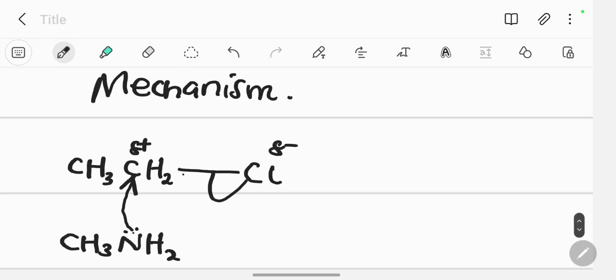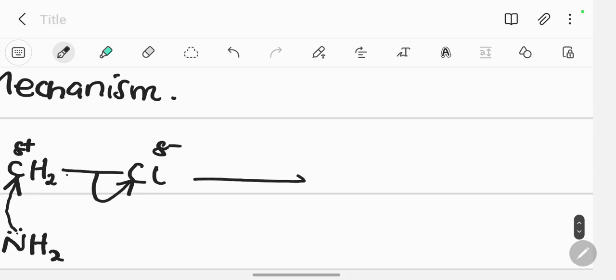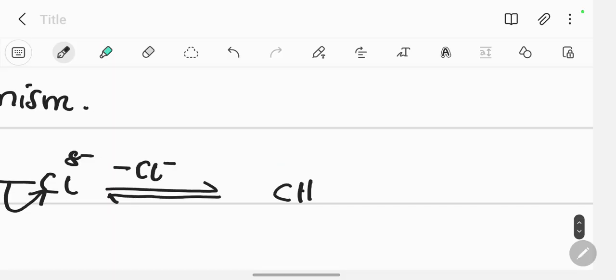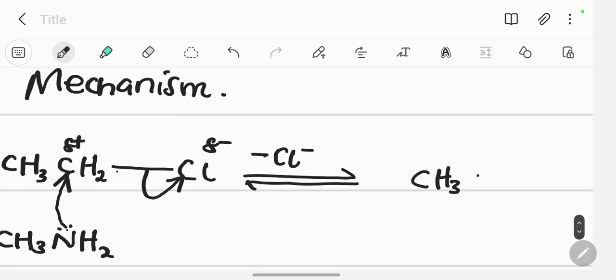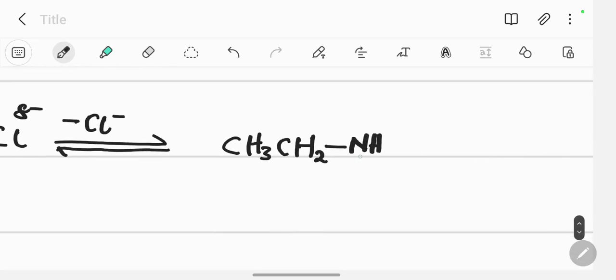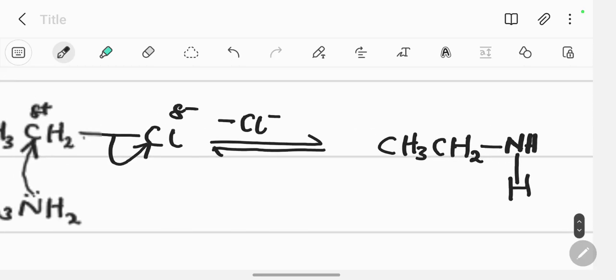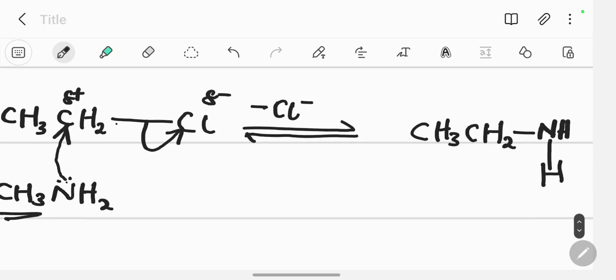So as it attacks, this one gives off the chloride ion, and I end up with CH3, CH2, and bonded to nitrogen. And since it has 2 hydrogen atoms, I'm preparing 1 hydrogen to move off. Then I include that CH3 here.